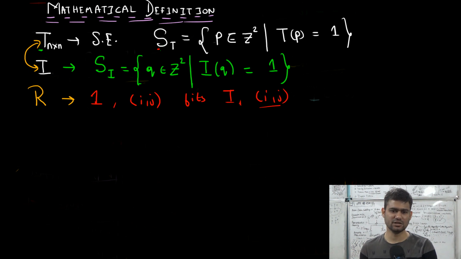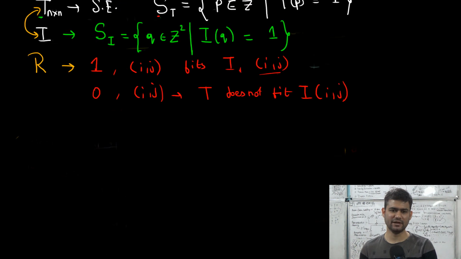And any location where the structuring element contained in this operator doesn't fit the image will have zeros at all such i, j. That is, T does not fit I at location i, j.